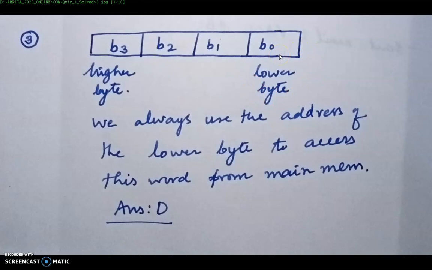That is the difference. So always the address of the lowest byte is used as the address of the entire quantity. So the answer is option D, the address of the byte with the lower address in that of the 4.